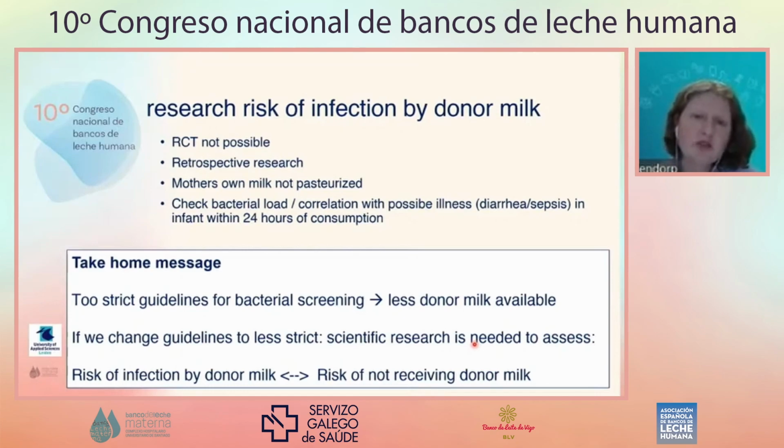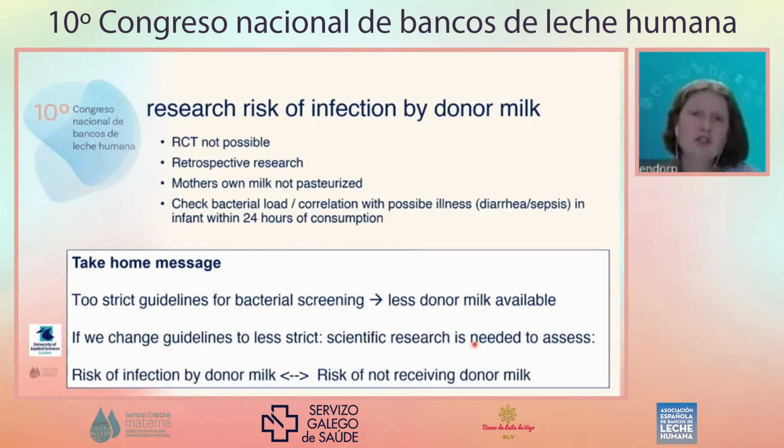It would be really interesting to repeat the research from 1989, with the mother's own milk, and then try to find if there's a correlation between a high bacterial load and a possible illness in the infant. If an infant digests milk with pathogens, you would see some kind of illness within 24 hours of consumption.